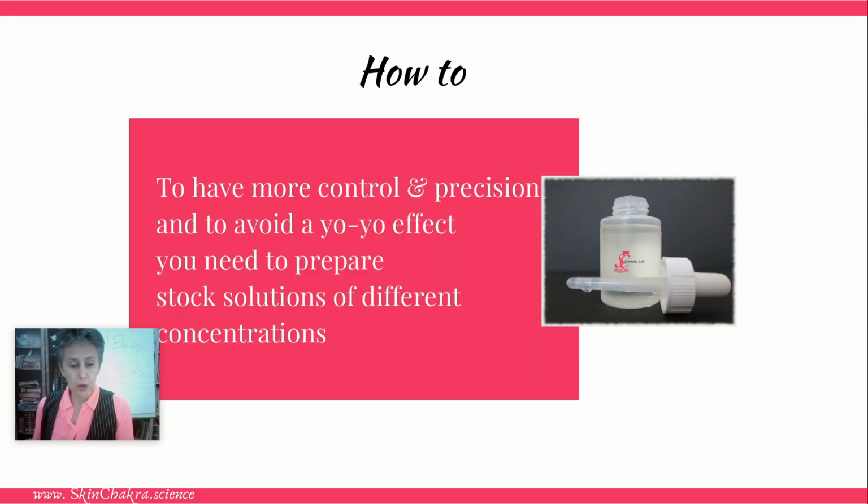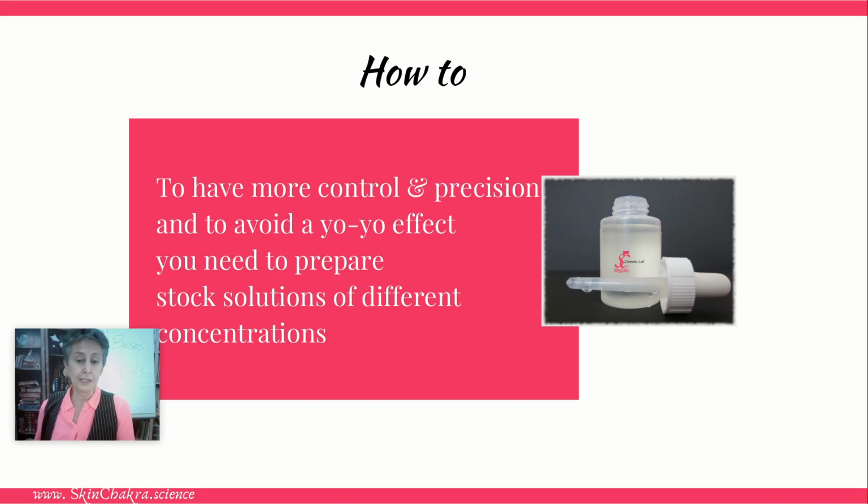To have more control and to easily dose and weigh these ingredients, it is easier to prepare stock solutions at different concentrations. As Michelle has written to us, when she uses 1 drop of 80% lactic acid, the pH drops too rapidly or too much.